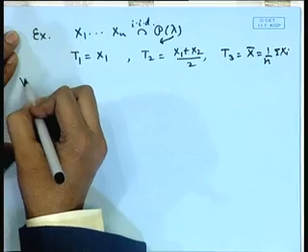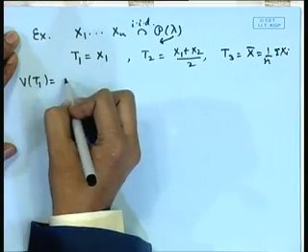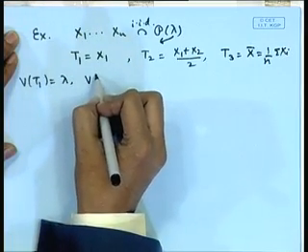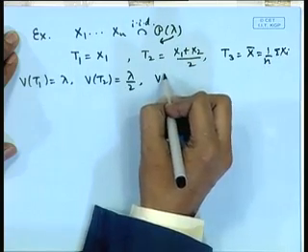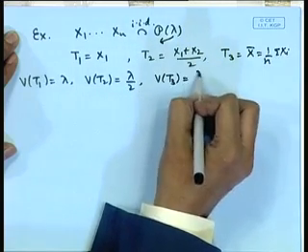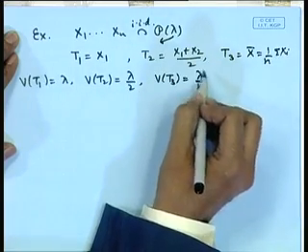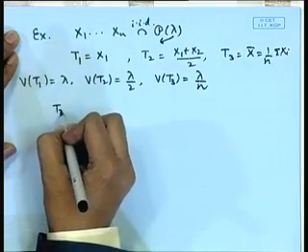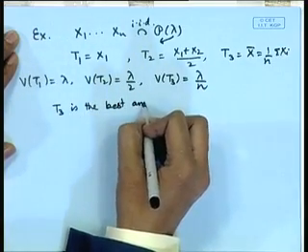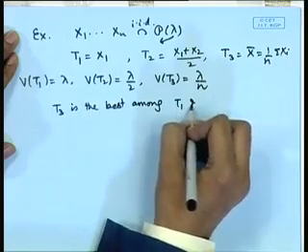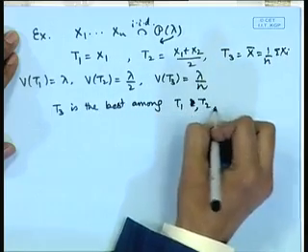Now, let us look at the variance of T1, that is lambda. The variance of T2 is lambda by 2. The variance of T3 is lambda by n. So, clearly here T3 is the best among T1, T2 and T3.